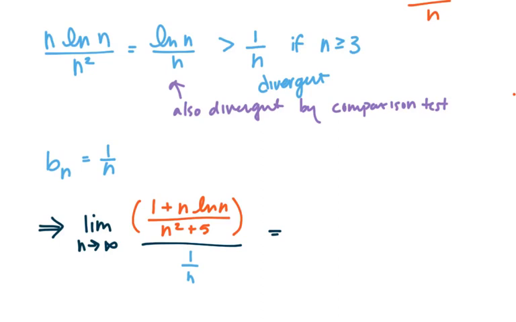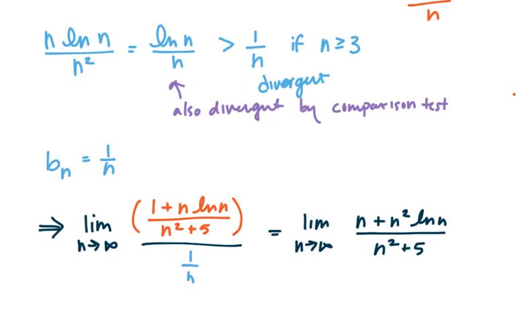And I'll simplify this. This is now the limit as n goes to infinity of n plus n squared ln n over n squared plus 5.